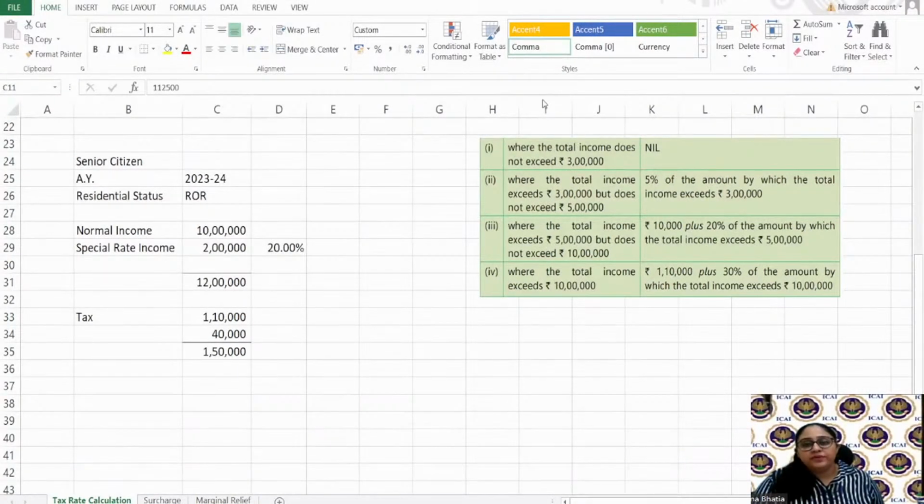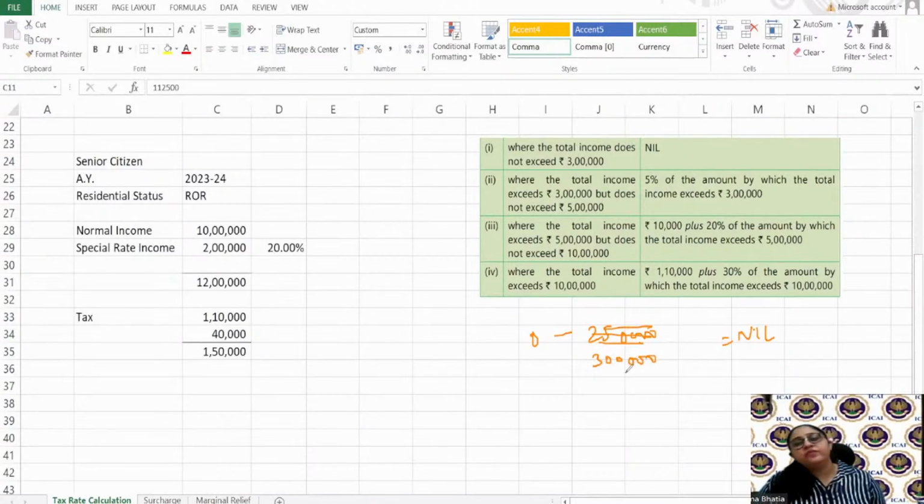what is the benefit. So the benefit here is जहाँ पे मेरा slab होता था, otherwise for 0 to 2,50,000 nil. That means 2,50,000 tak income pe there was no tax. Here it is 0 to 3 lakh ki income pe there would be no tax.